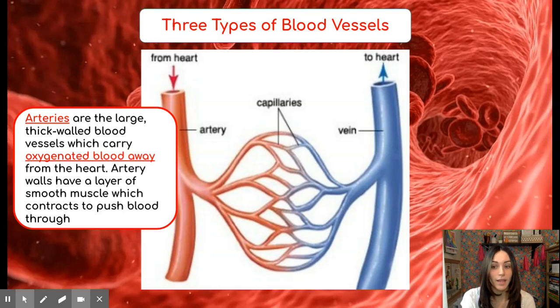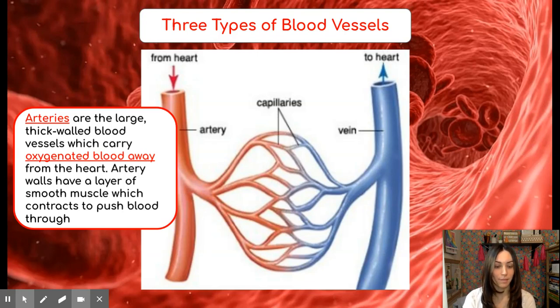Artery walls are lined with a layer of smooth muscle, which actually contracts, meaning it opens and closes, tightens and loosens, which allows the blood to be pushed through. One helpful way to remember the function of an artery is that A is for away. That helps you to remember that the arteries carry blood away from the heart.